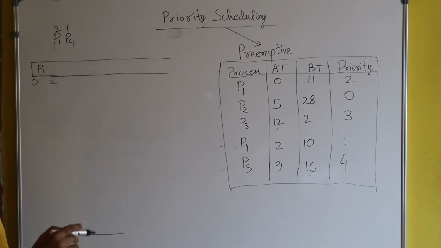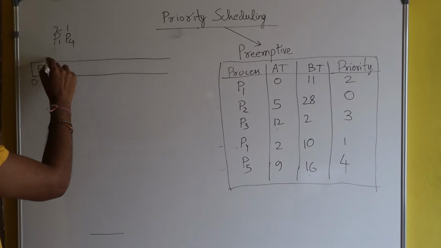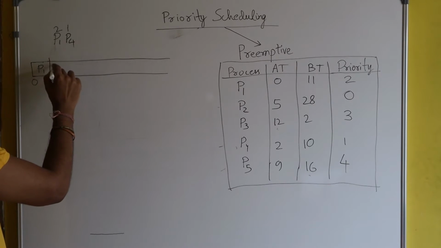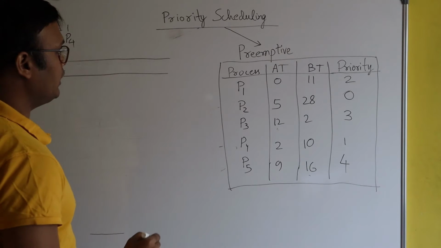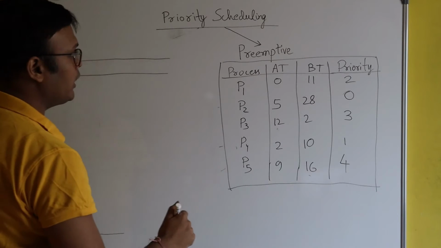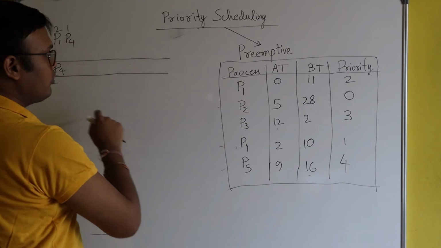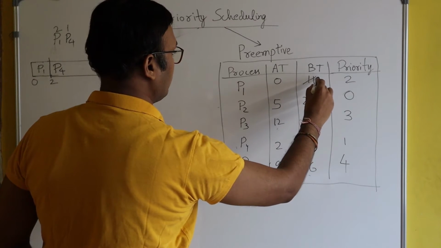So P4 has higher priority, so definitely P4 will be selected, so there will be a preemption. CPU will be given to P4. Also to be noted, P1 ran for just 2 seconds and has not yet finished, so the burst time left for P1 is 11 minus 2, 9.